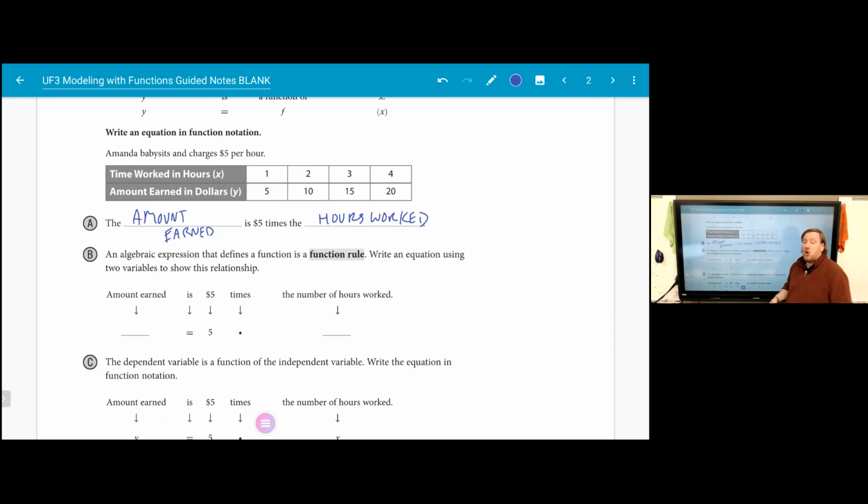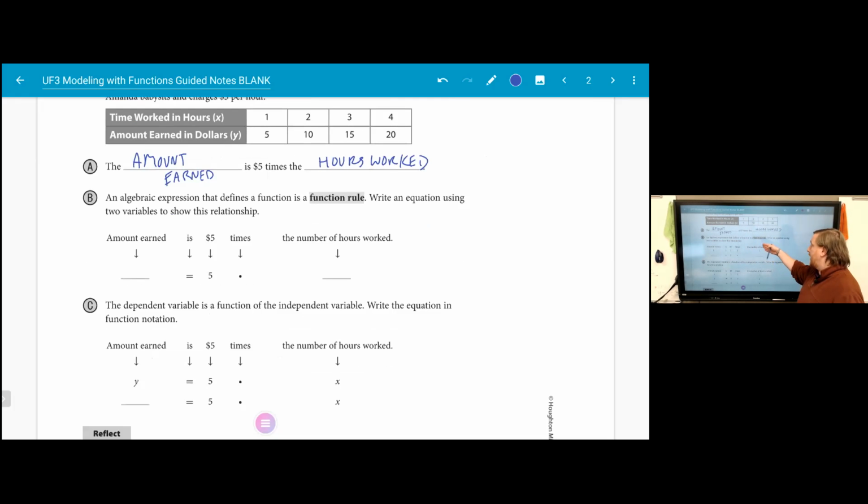The amount earned is $5 times the number of hours worked. We can write our algebraic function rule. The amount earned, y, is 5 times the number of hours worked, x. I pulled that from here and here.